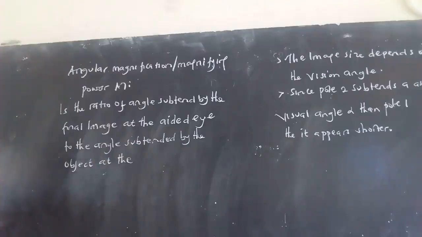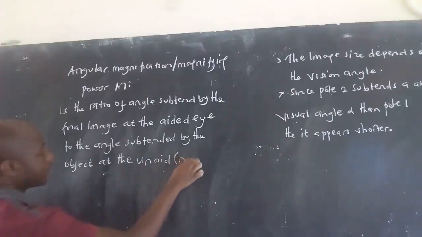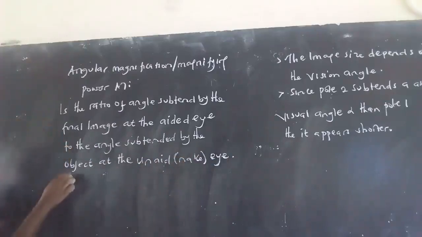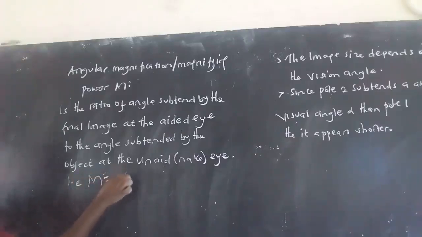The aided eye is the eye which is using an instrument like a microscope. The unaided or naked eye, i.e., magnifying power is equal to alpha prime over alpha.